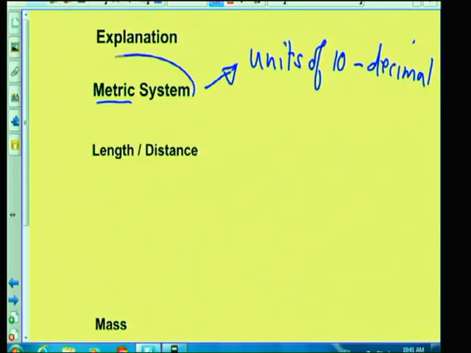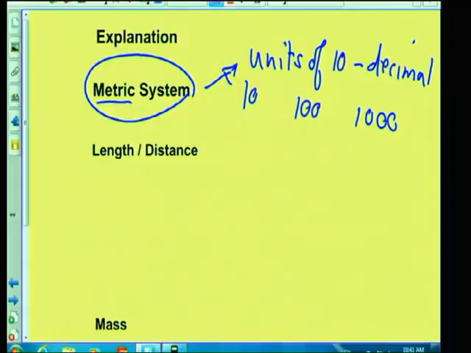The metric system is generally and loosely based on powers of 10. So it's actually 10, 100 or 1,000. So you can convert from one thing, going up in units of 10. Let's just write it clearly. 10 or 100 or 1,000. And so we can step up in those sort of measurements.